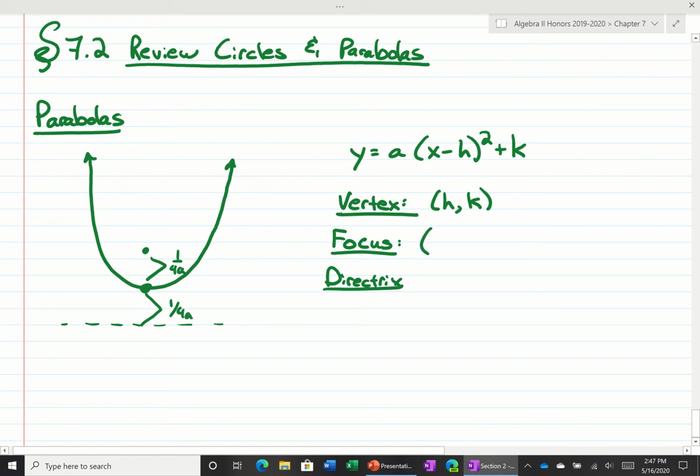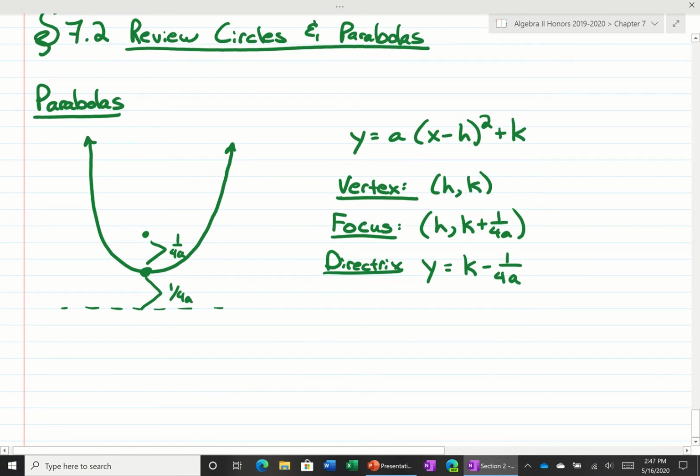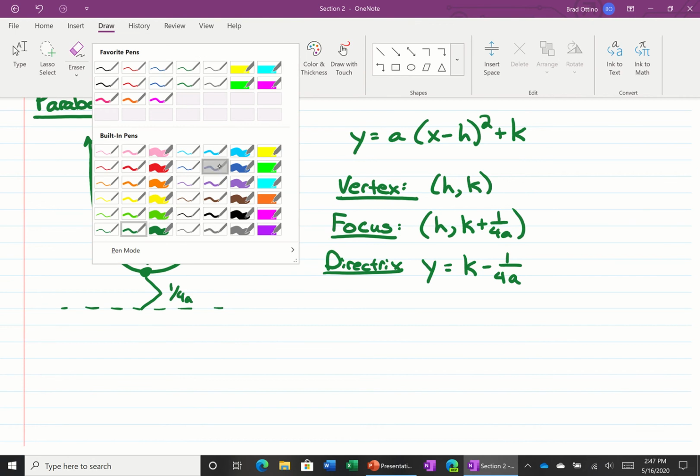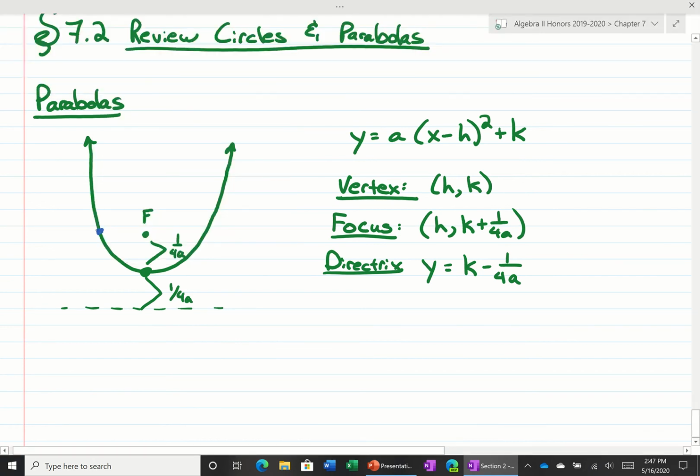If it's a vertical parabola, the coordinates of the focus are going to be h and then k plus 1 over 4a, because we're going up, and the equation of a directrix would be y is equal to k minus 1 over 4a. We also have something called the latus rectum, and that pretty much determines how wide the parabola is going to be.